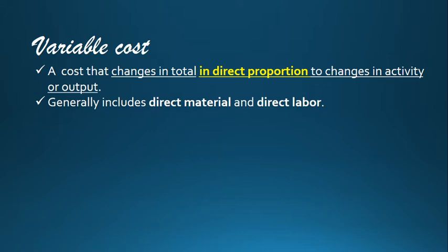So we use direct material as our example here, since direct material is a good example of variable cost. The cost of direct material will vary in direct proportion to the number of units produced. For example, our company is tasked to make 100 pieces of sala sets.